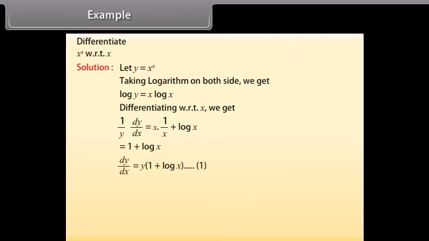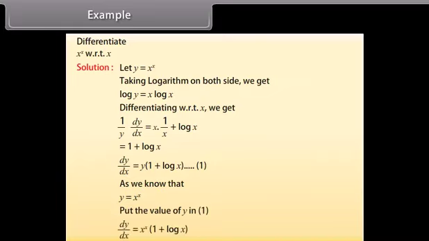So dy by dx is equal to y into 1 plus log x. Name it as 1. As we know that y is equal to x raised to the power x, put the value of y in equation 1. dy by dx is equal to x raised to the power x into 1 plus log x.